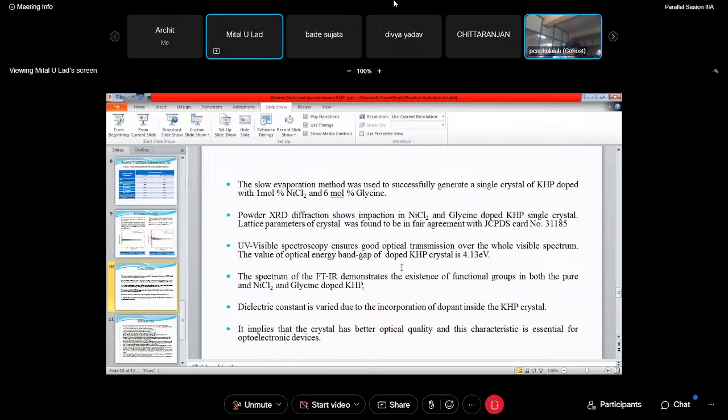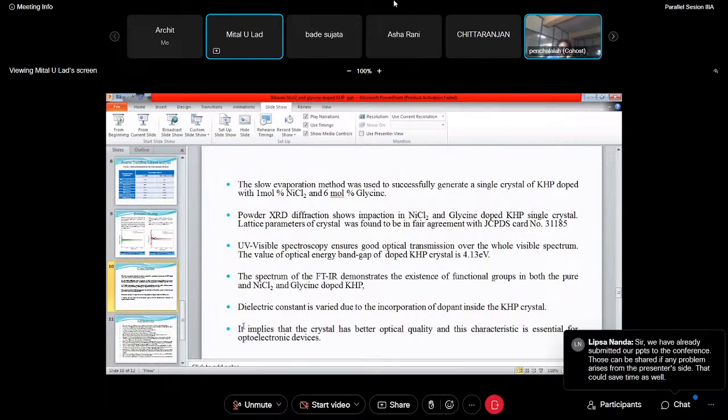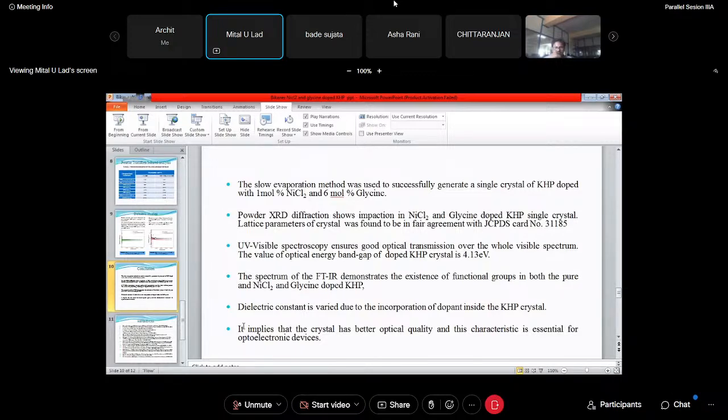The optical energy band gap of doped KHP crystal is 4.13 electron volts. The FTIR spectrum demonstrates the existence of functional groups in both pure and NiCl2 glycine doped KHP. Dielectric constants varied due to the incorporation of dopant inside the KHP crystal. It implies that the crystal has better optical quality, and this character is essential for optoelectronic devices.